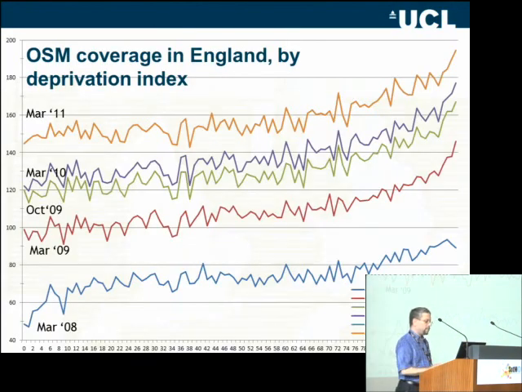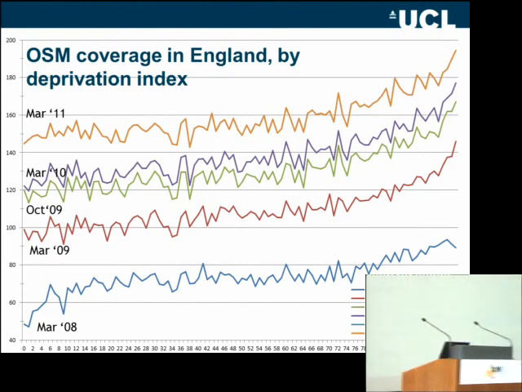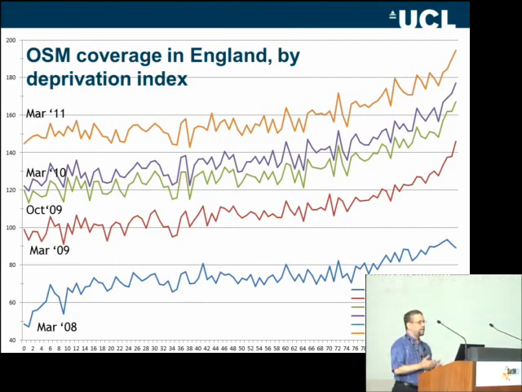But it also means noticing things like this, which I've been doing since 2008, of looking at the coverage compared to the index of deprivation, which tells you where the poor places are, which are here, and where the rich places are in the UK, which are over there, and showing how complete it is, if we're taking this measure of completeness, across the country.